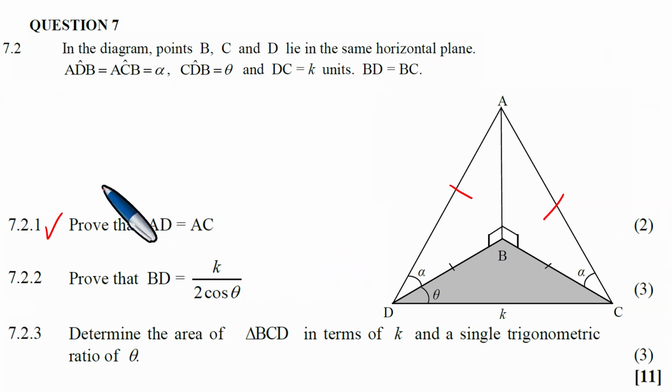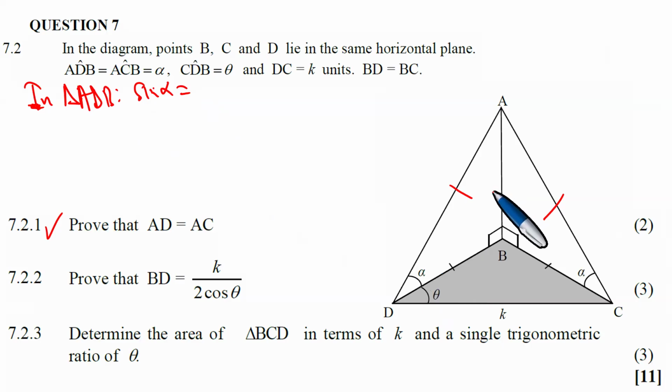So 7.2.1, in triangle ADB, here you take the sine of alpha, which is opposite over hypotenuse, which is AB over hypotenuse AD.